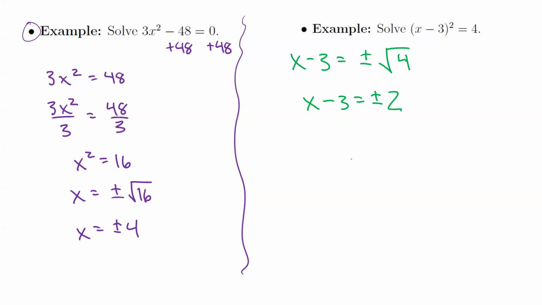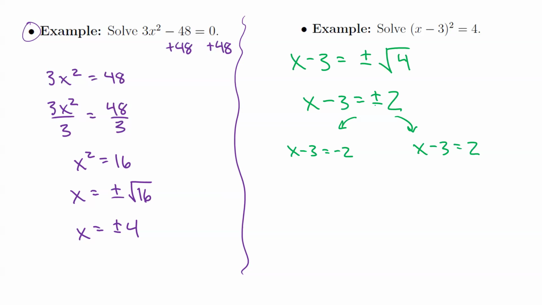Now, if after applying the square root property, x is not by itself at this point, then you have a little bit more algebra to do. And so what I would definitely suggest is, at this point, breaking it up like this into two separate equations.